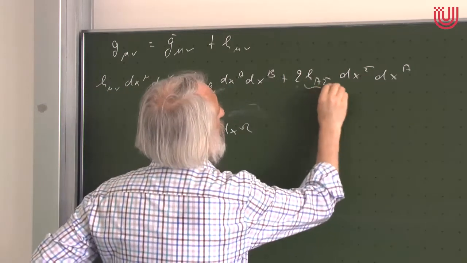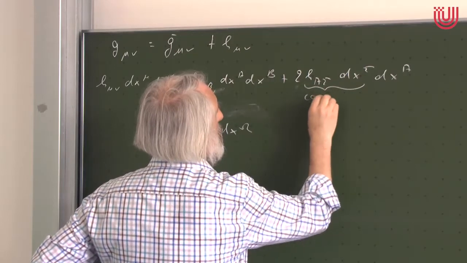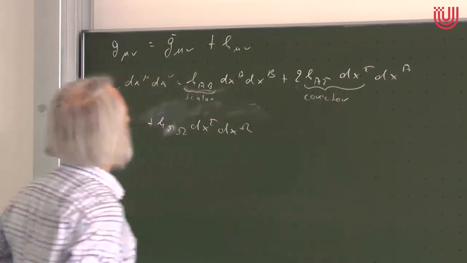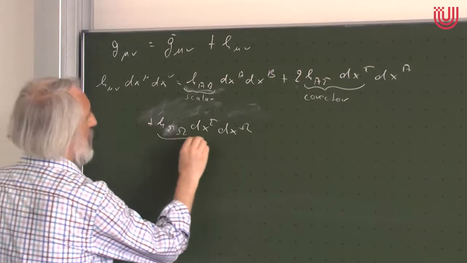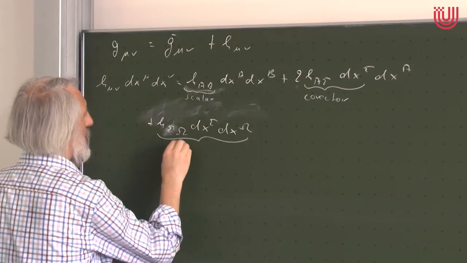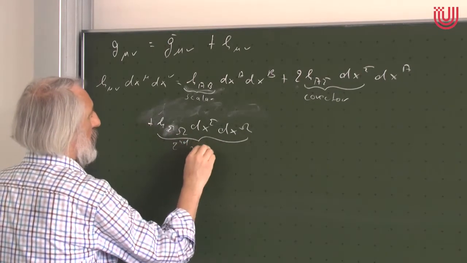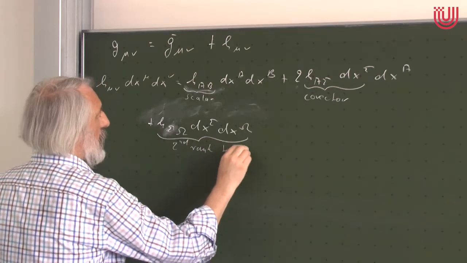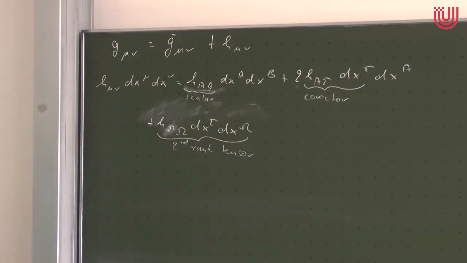Here we have a one form, or a covector field, which is the same thing on the sphere. And here we have a tensor field, a second-rank tensor field on the sphere. And that's what we now have to expand into spherical harmonics.